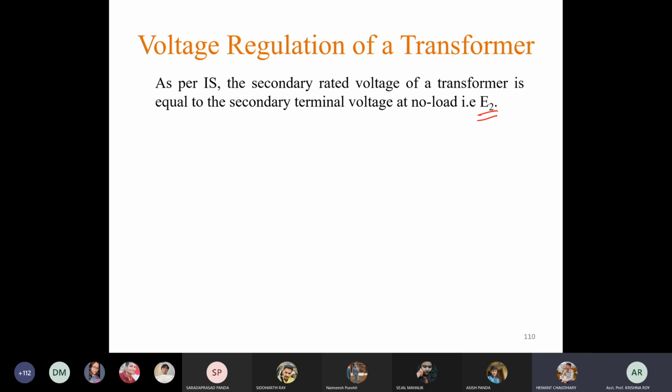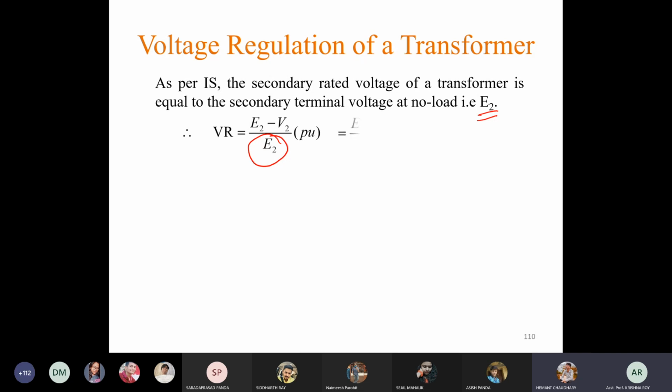Okay. So now the previous equation modifies to VR equals E2 minus V2 by E2. Here V2 is the terminal voltage at any load with a given power factor. E2 is the secondary no load voltage, and this E2 is the secondary rated voltage, which is the same as the secondary no load voltage. This is in per unit.